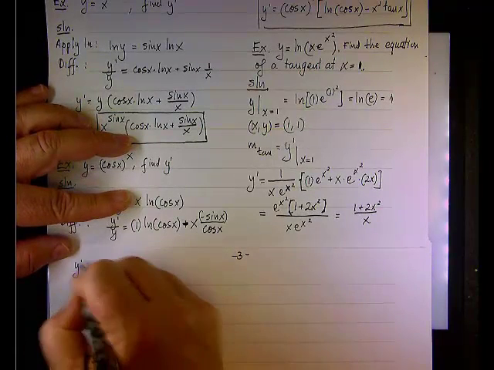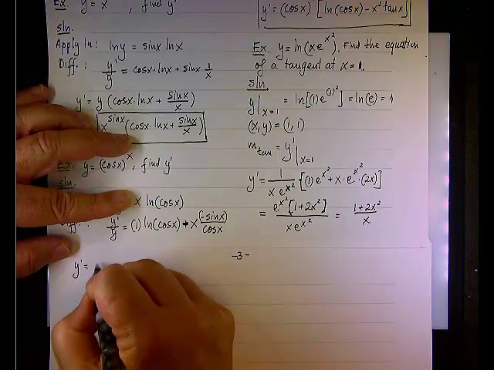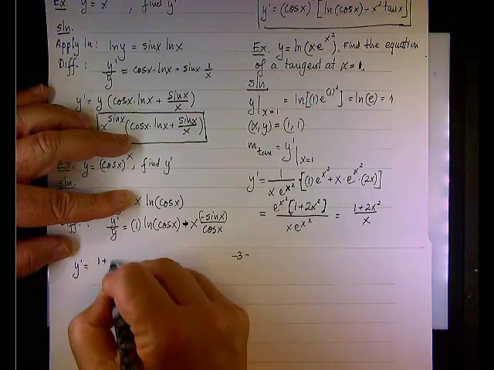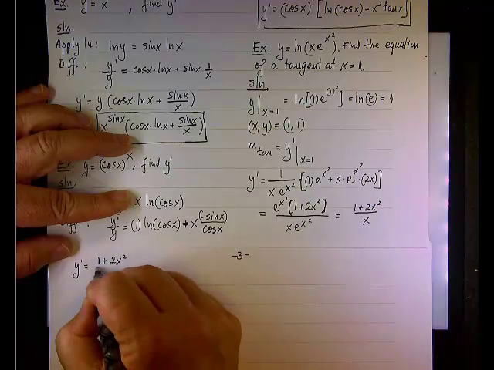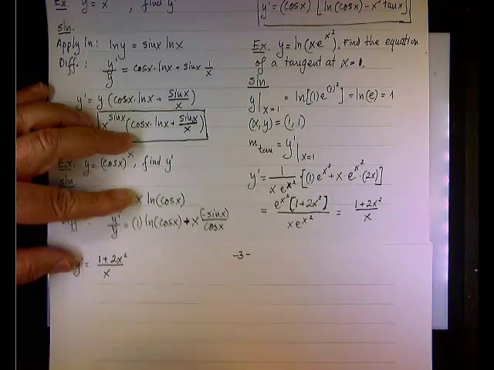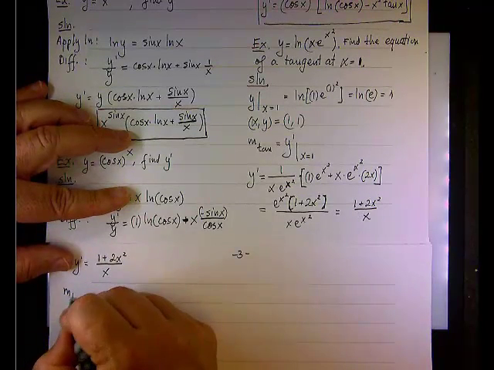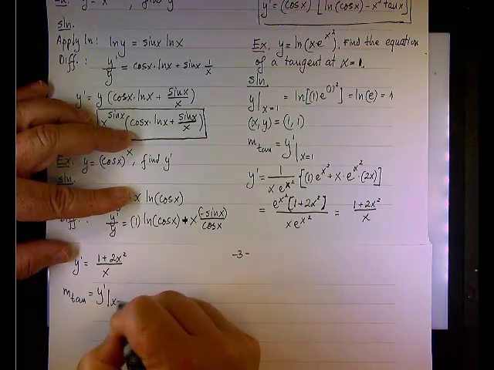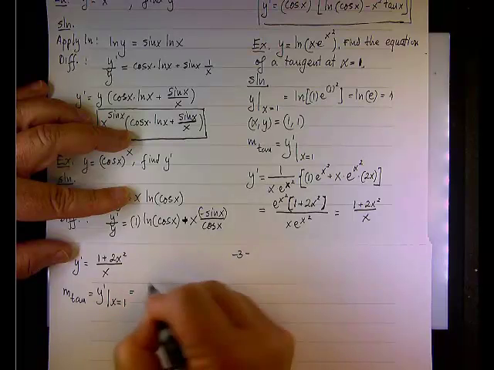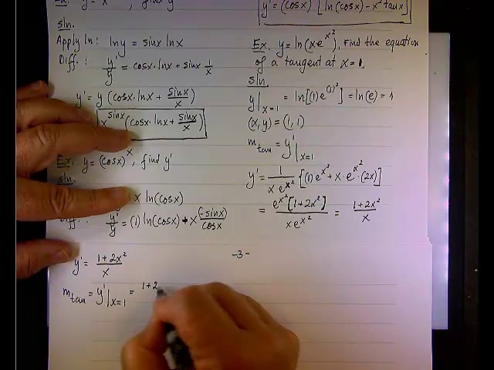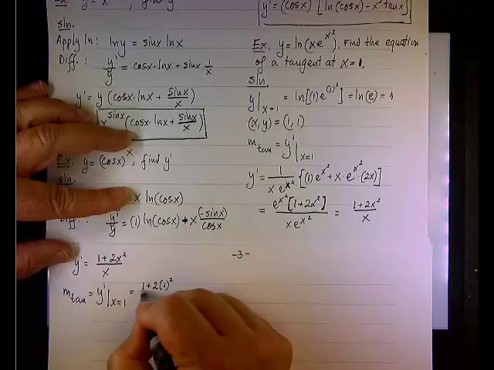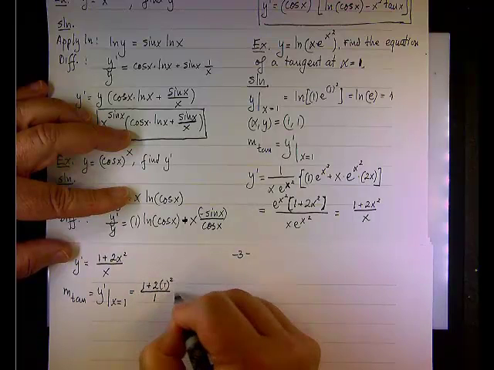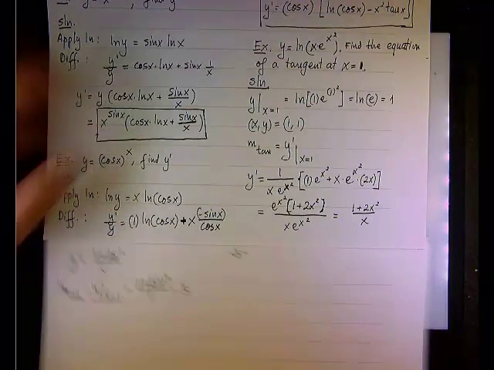So this is where we are. y prime equals 1 plus 2x squared over x, and therefore the slope of the tangent is y prime at x equals 1, or 1 plus 2 times 1 squared over 1, and of course it's equal to 3.